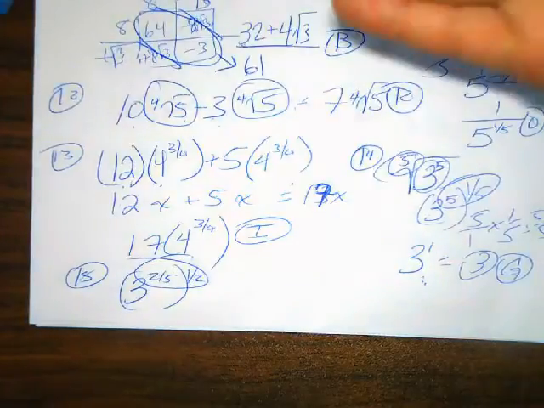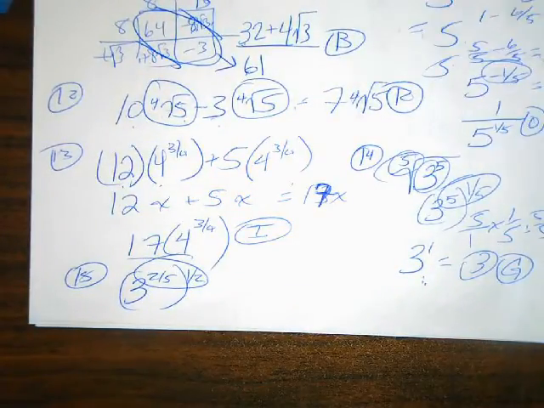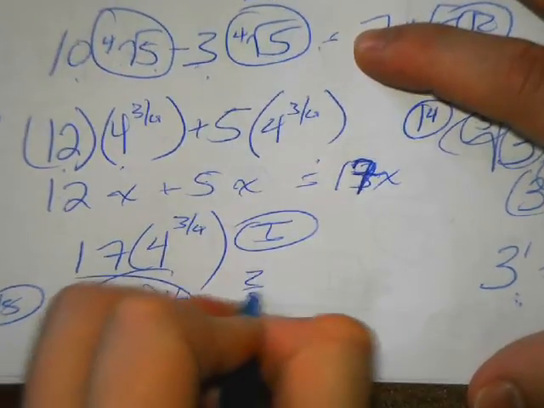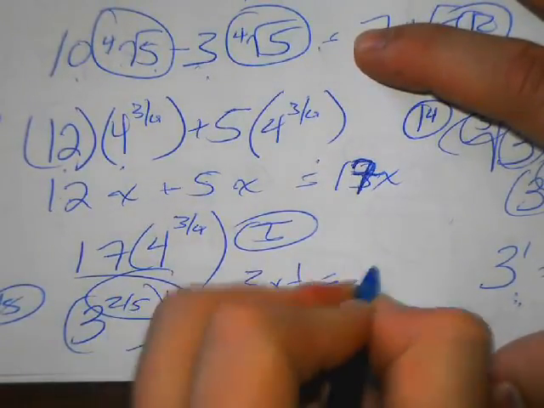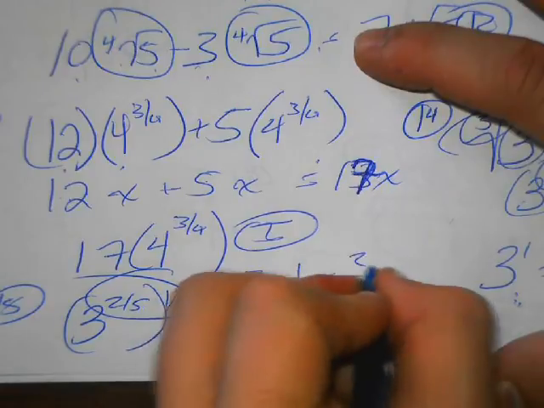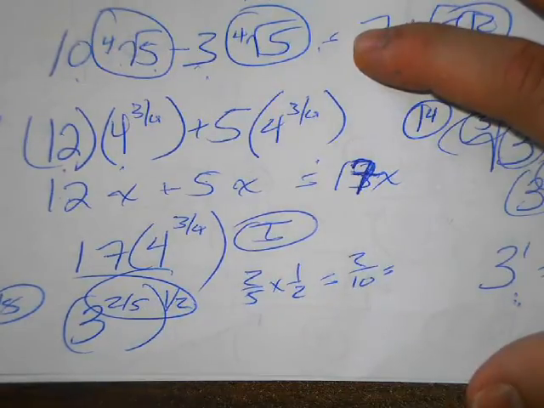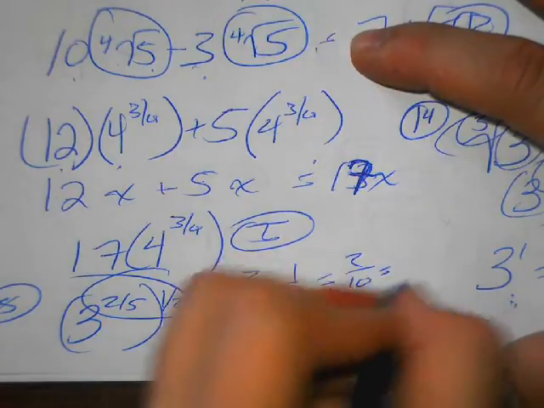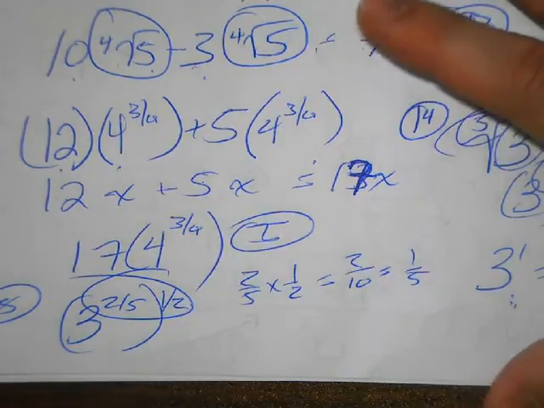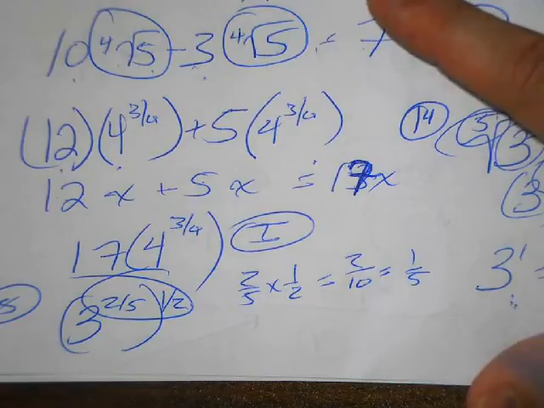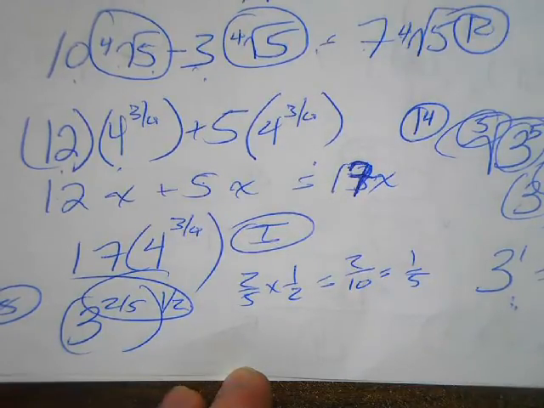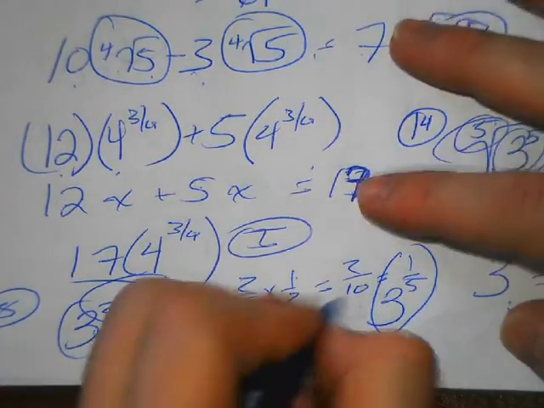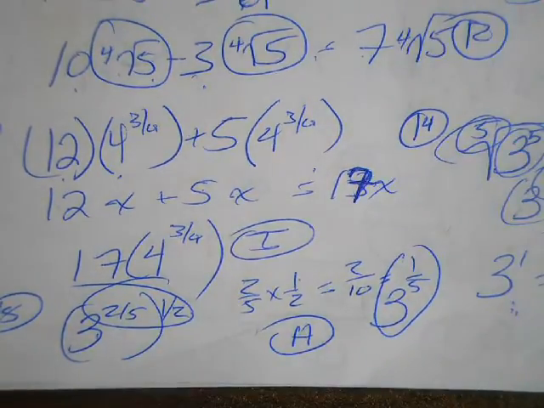Again, just power over power lets you multiply your exponents so that you're going to come out with 2/5 times 1/2, which is 2/10, which another way to write that is 1/5. So 3 to the 1/5 is going to match up with letter H.